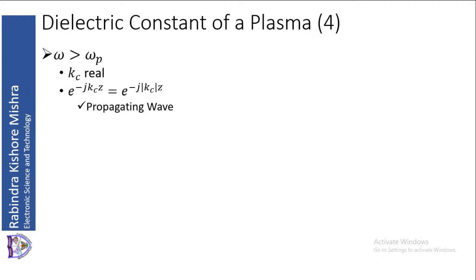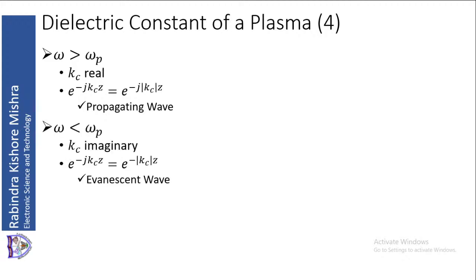If Kc is real, then exponential minus j Kc z is a propagating factor, so it represents a propagating wave.